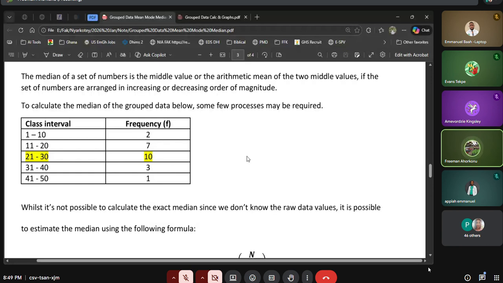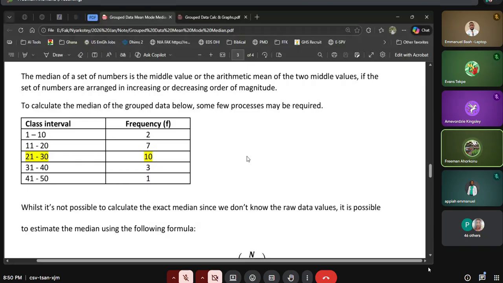Now, we are going to look for the median class. We'll be adding the numbers under the frequency until we get exactly 11.5 or a number that is higher than 11.5. Then we'll stop there. So we start: 2 plus 7 gives you 9. 9 plus 10 gives you 19.